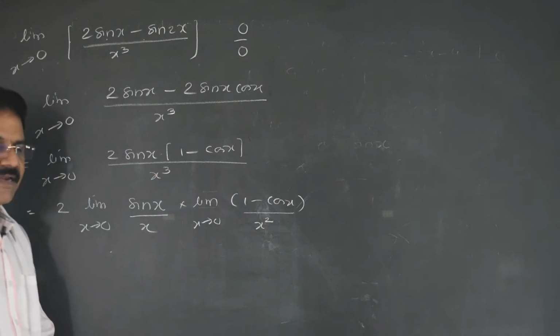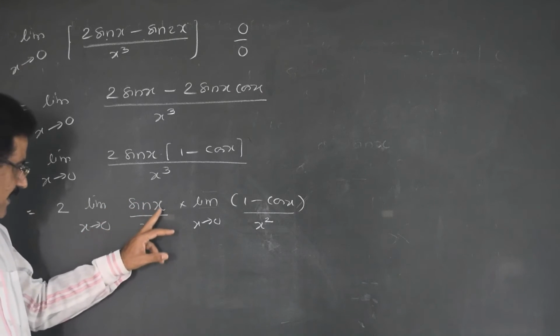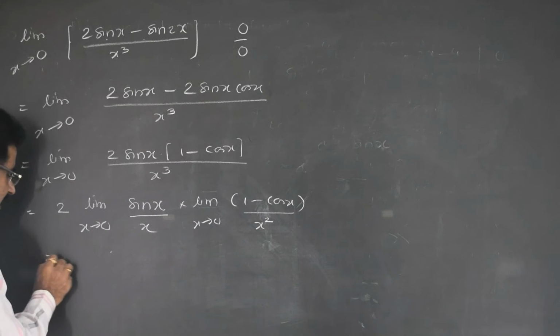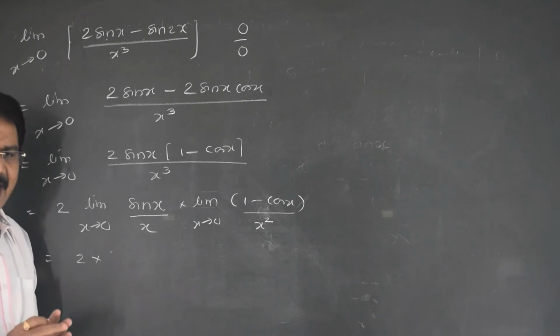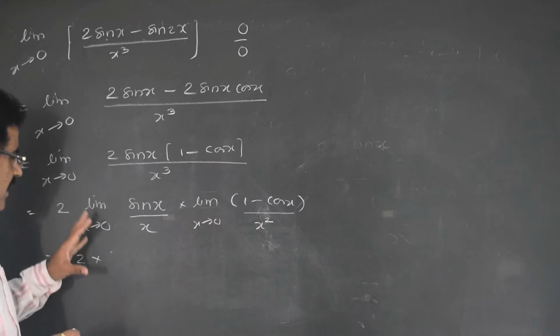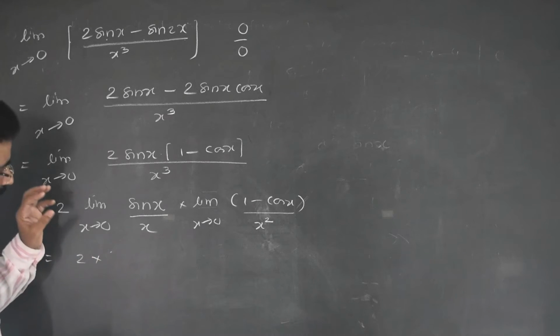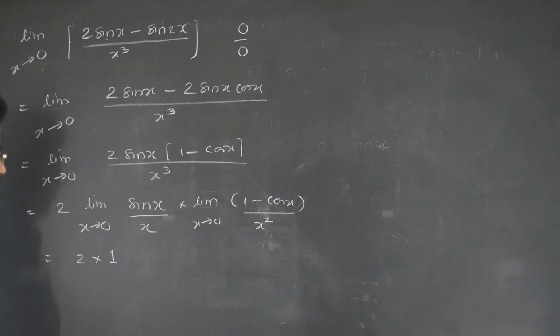So value of the limit doesn't change, and therefore sin x upon x as x tends to 0 can be made straight away equal to 1. Here we can take the limits at any step, means if the value of this particular term is finite, then we can get that value and we can write down that in the form of a multiplication.